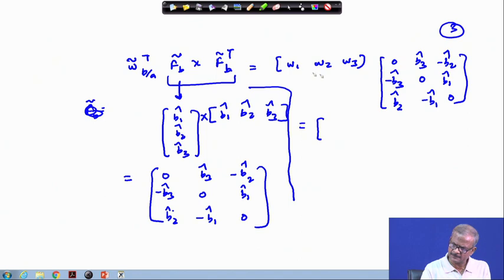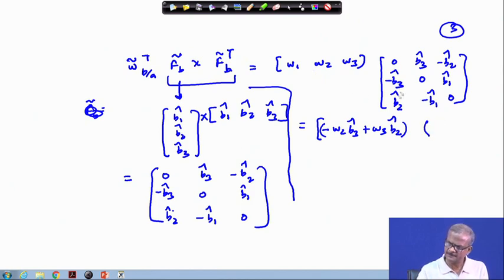So, omega 1 after we multiply it: minus omega 2 times B 3 cap, this is the term getting multiplied, plus omega 3 times B 2 cap, this is the first term. Okay. So, this will be a single row and there will be 3 columns in this.